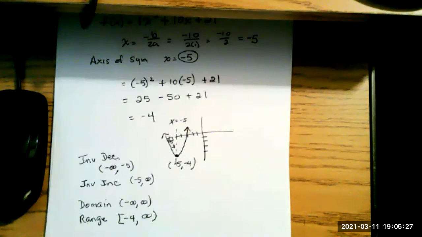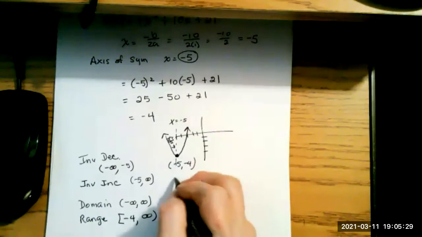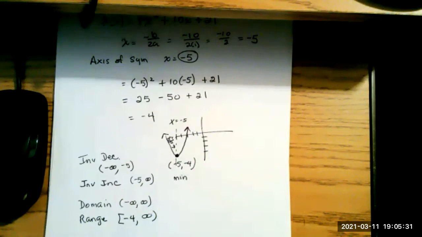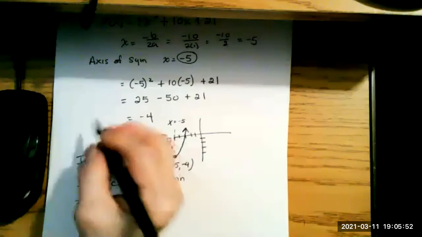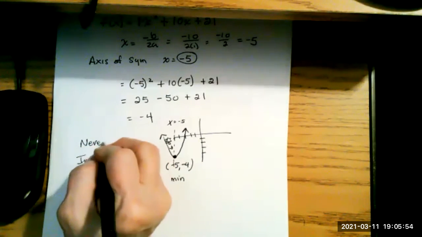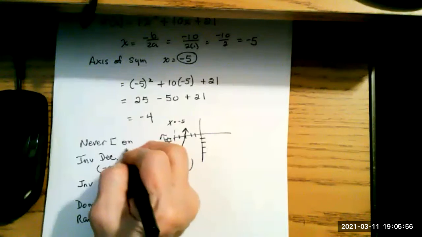It's a parabola. This is at the bottom, so it's a minimum, not a maximum. And the vertex was negative 5, negative 4. Why did the negative 4 have a bracket and not the negative 5? On the interval increasing for the range, I don't know why there's a bracket in front of one but not the other. Oh, there are never brackets on intervals.